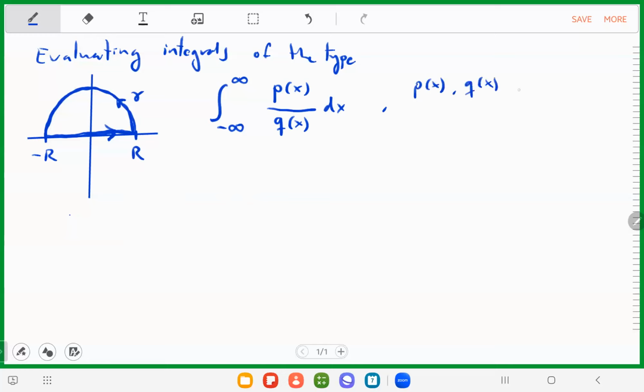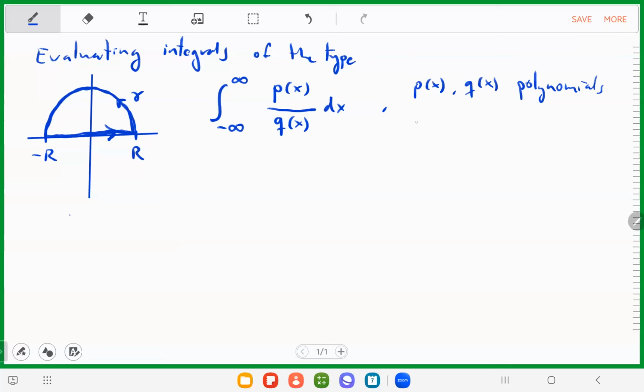So P and Q are polynomials. And we are going to check that in the case where the degree of Q is at least two larger than the degree of P, then we know how to estimate the semicircle part.